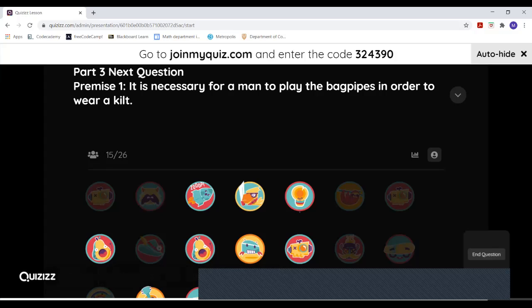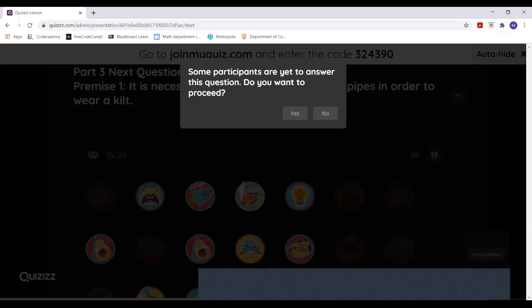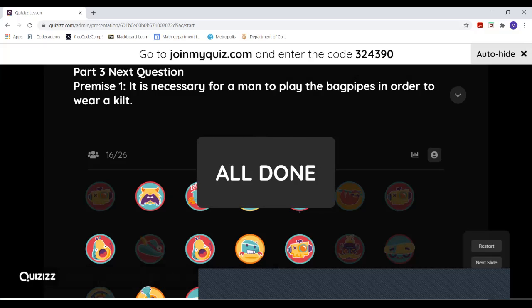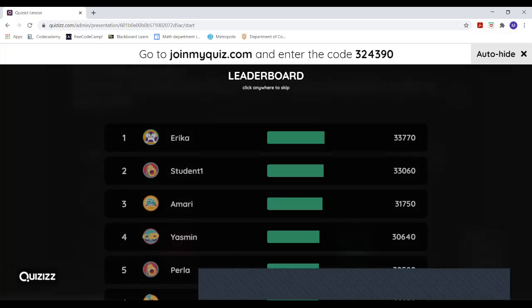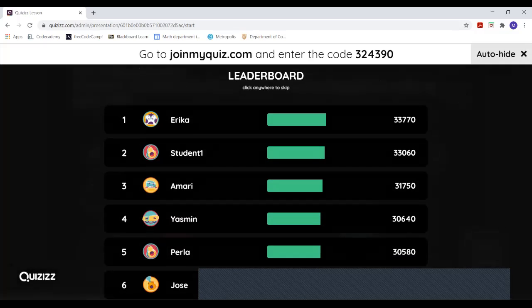Okay. So I have to take a second to think about this. So there's one more person out there, I think, that was answering. Okay. So I'm giving you a hint. It's a little bit backwards. So it sounds like it should be if bagpipes then kilt, but it's not that way. It's the other way. It's the if kilt then bagpipes arrangement.